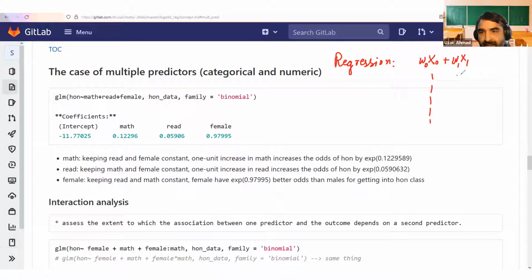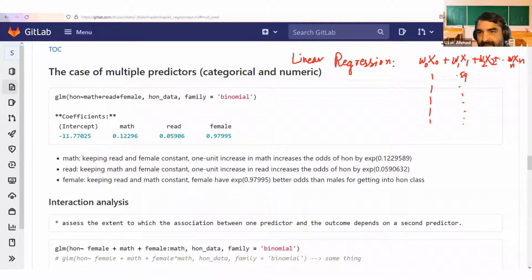It has some values, 0.59, whatever, and then w2 is for x2, and so on. As many independent variables as we have, that many coefficients we get in linear regression.